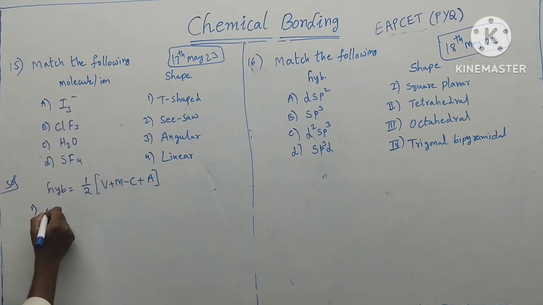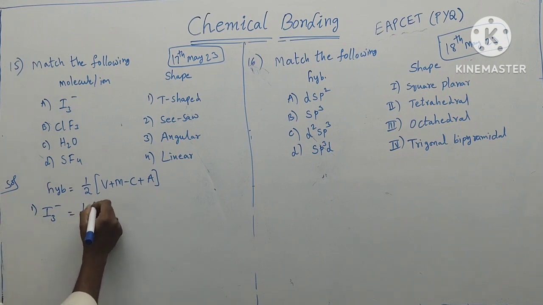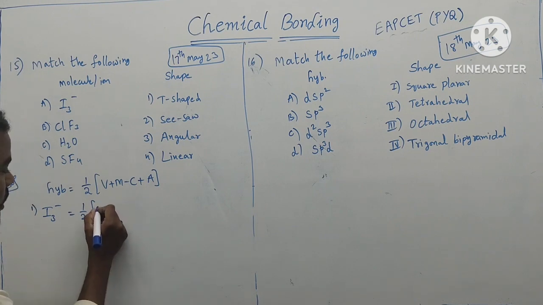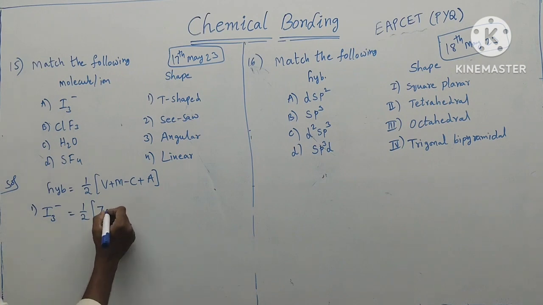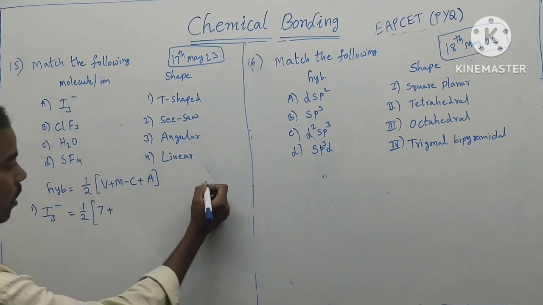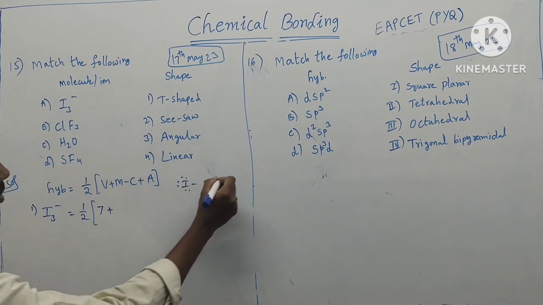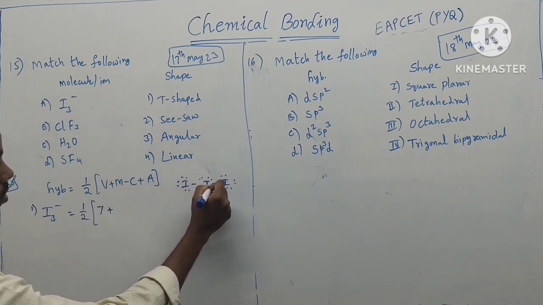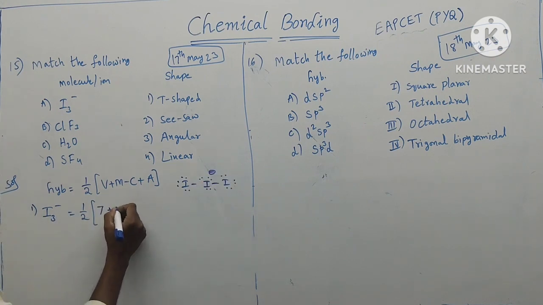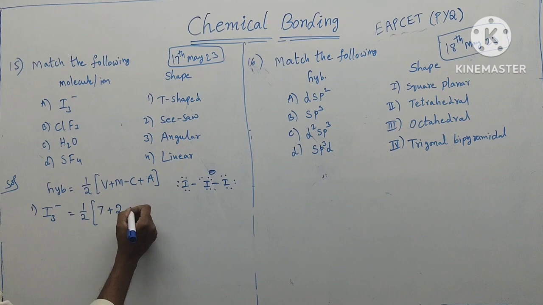So I3 minus means the central atom is iodine. So half into central atom iodine. How many valence electrons are present in iodine? Iodine is 7th A group element, so valence electrons are 7, plus number of monovalent atoms: the surrounded atoms are 2. If any anion charge is present, plus 1.